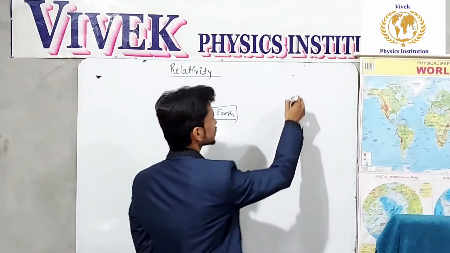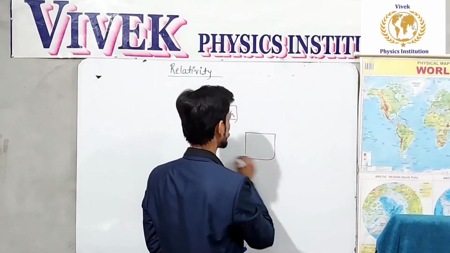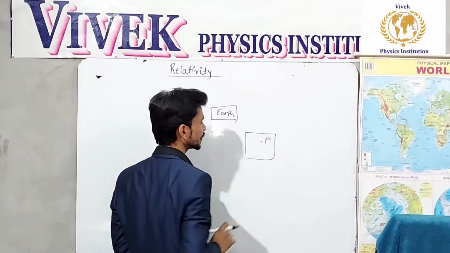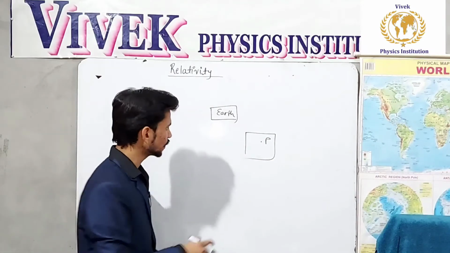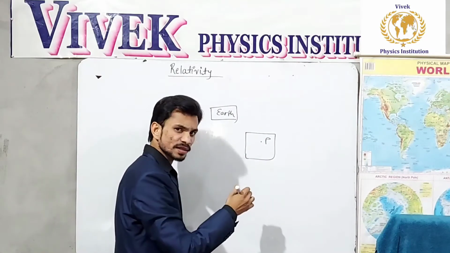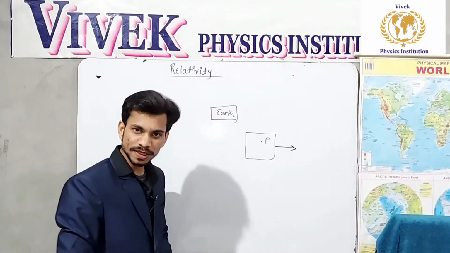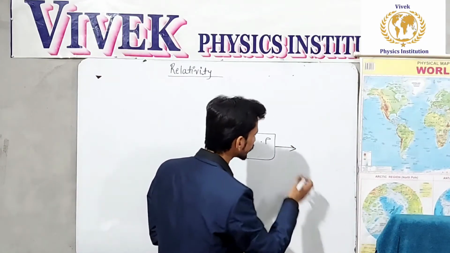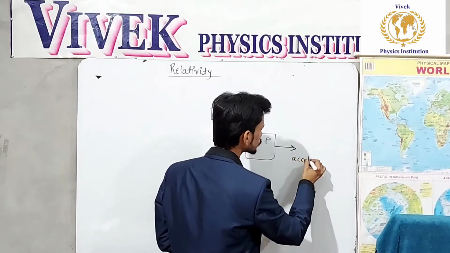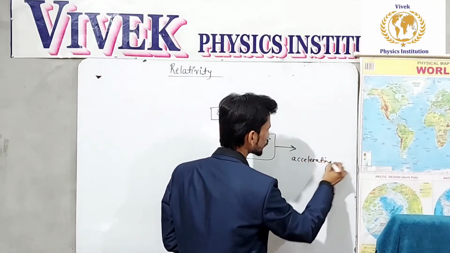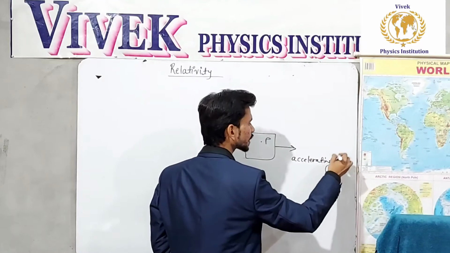Okay, so this is one frame of reference in which a particle P is at rest. Now let us consider that this complete system is accelerating with some acceleration A.